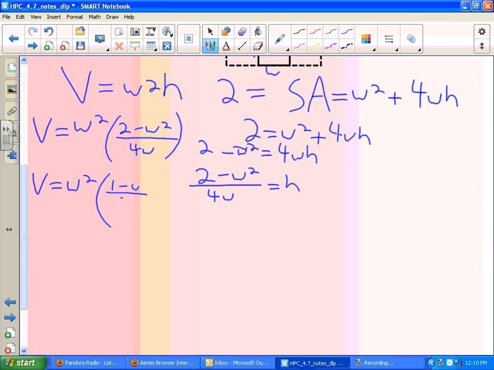Don't distribute it that way. Take the W squared and the 4W. W squared is on the outside of the parentheses, not on the inside. Oh, yeah, okay.